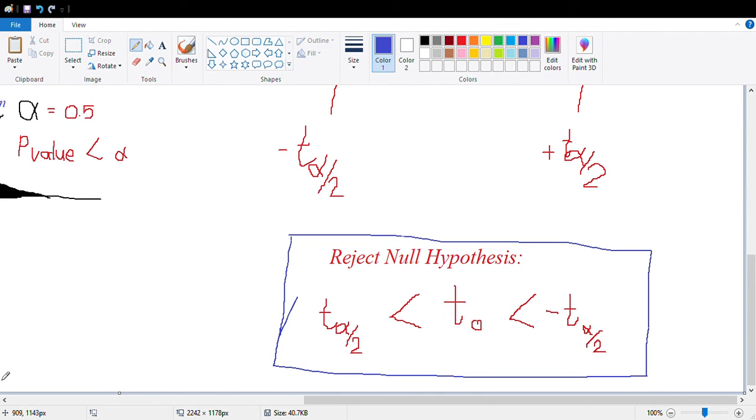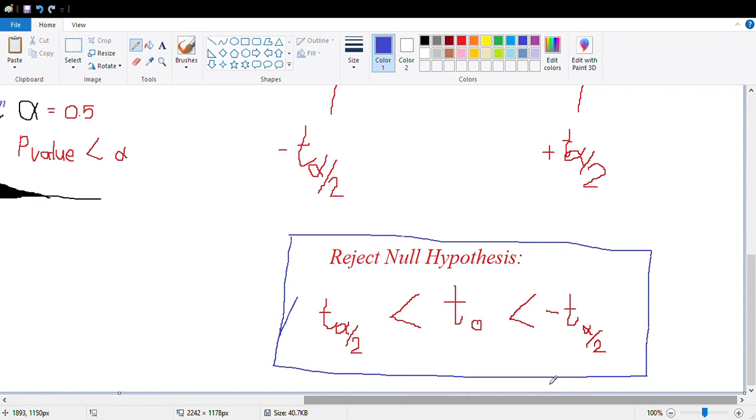In order for the null hypothesis to be rejected, the computed t, or t sub o, should be less than the negative t alpha over 2, or greater than the positive t alpha over 2.